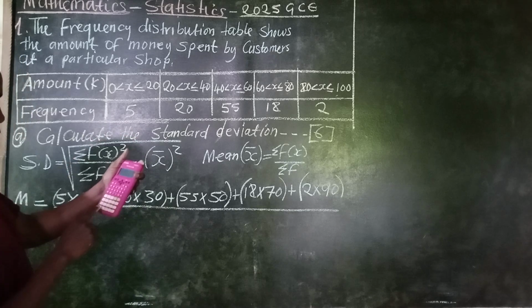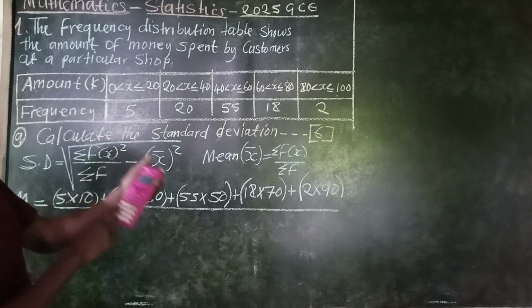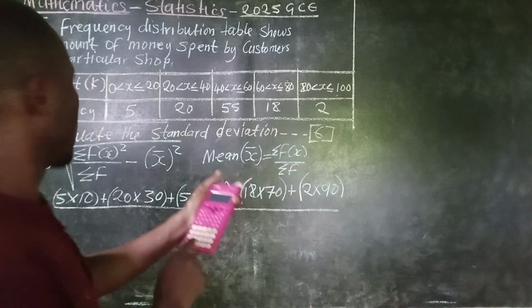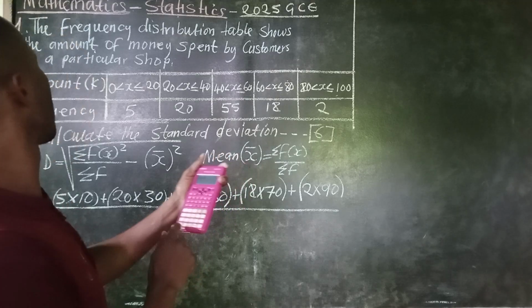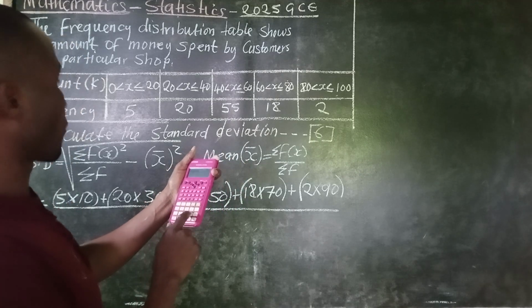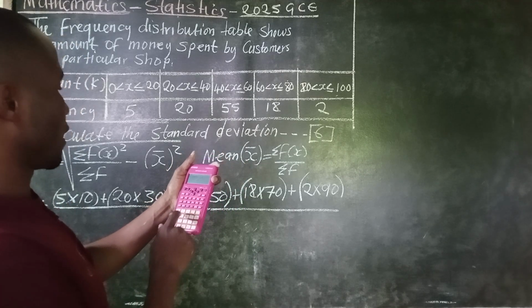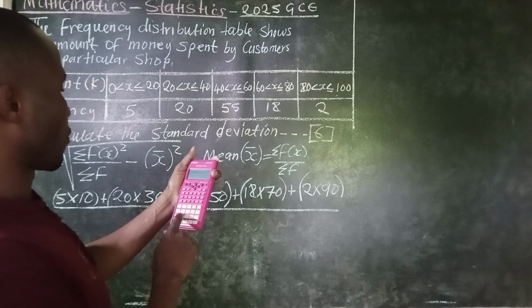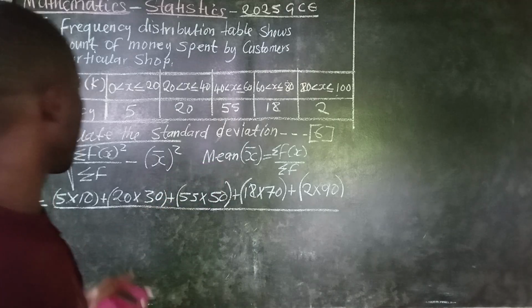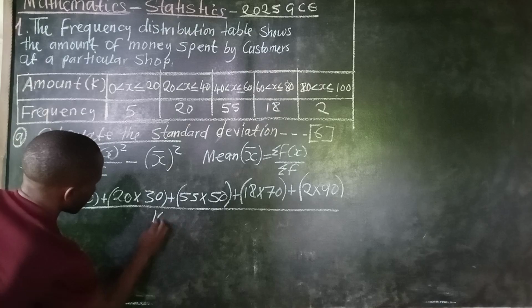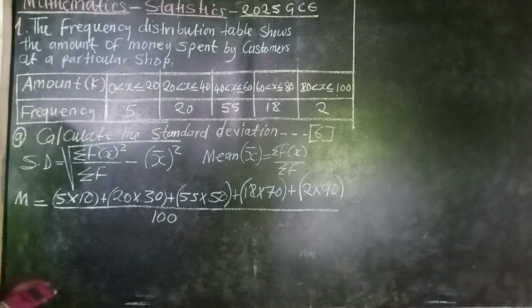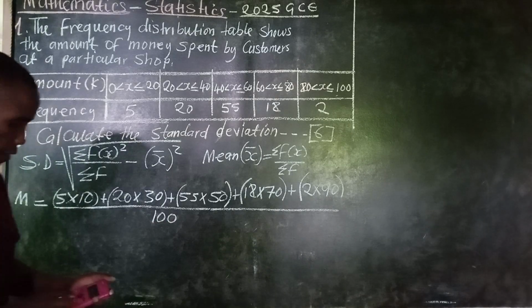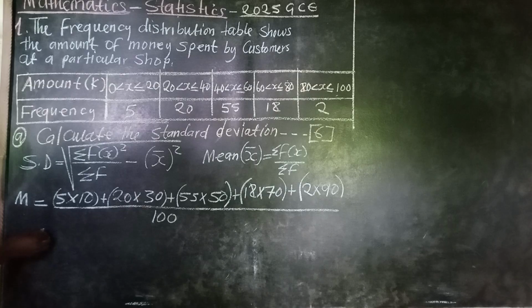So just say 5 plus 20 plus 55 plus 18 plus 2. Okay, the answer is 100. Very good. Then from there now, let us simplify the numerator.